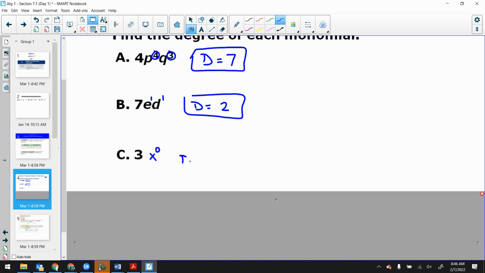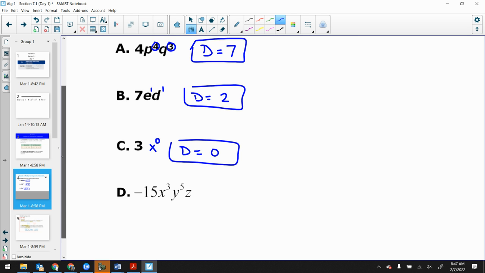And that's why the degree here would be 0. Because it's a constant. It's just a number value. So therefore, the degree of this would be 0. The reason being is for any number, just a single number, you could put in a variable to the 0 power if you would really want to.